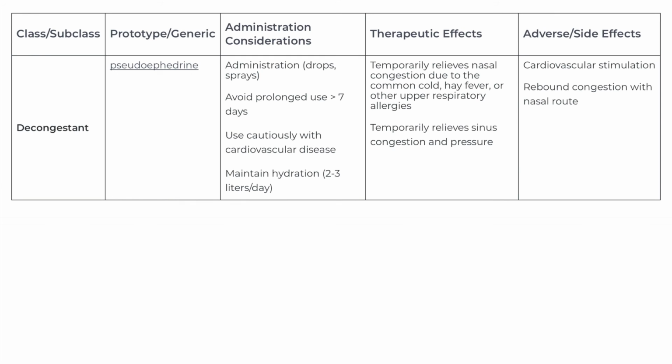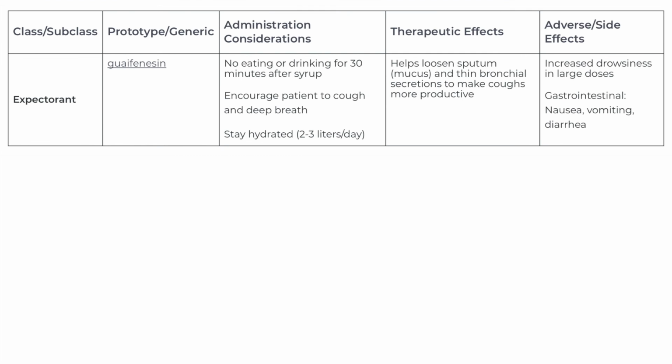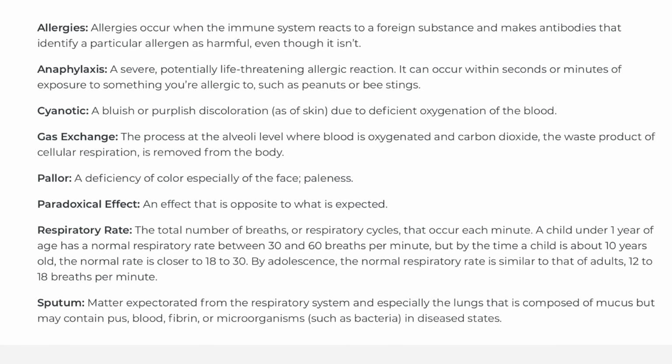Allergies. Allergies occur when your immune system reacts to a foreign substance such as pollen, bee venom, pet dander, or food that doesn't cause a reaction in most people. Your immune system produces substances known as antibodies. When you have allergies, your immune system makes antibodies that identify a particular allergen as harmful, even though it isn't.